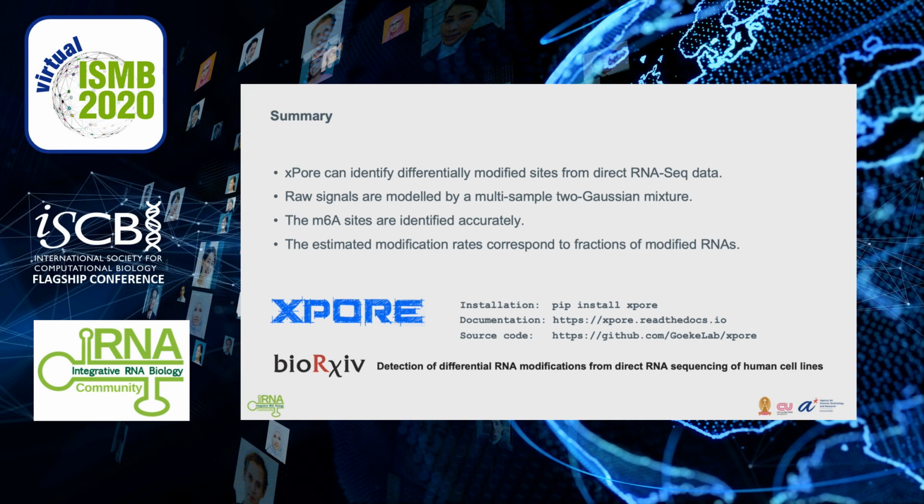I have presented Explore, our new software package for the detection of differential RNA modifications from direct nanopore sequencing data. Briefly, raw signals here are modeled by a multi-sample two-Gaussian mixture. We have shown that Explore can identify differential M6A sites with accuracy over 95% in the top ranks.